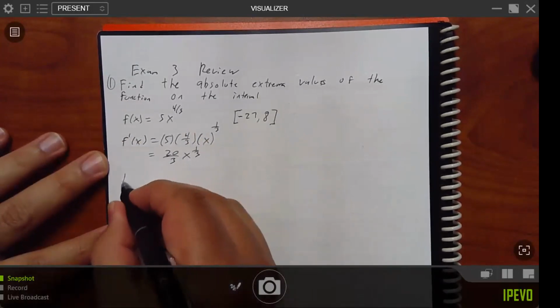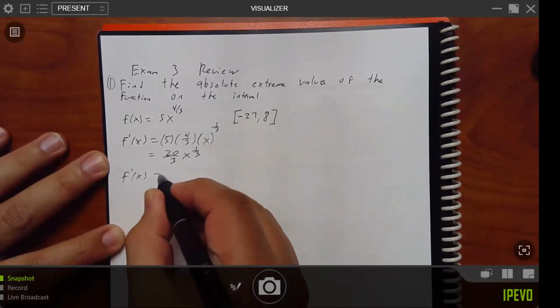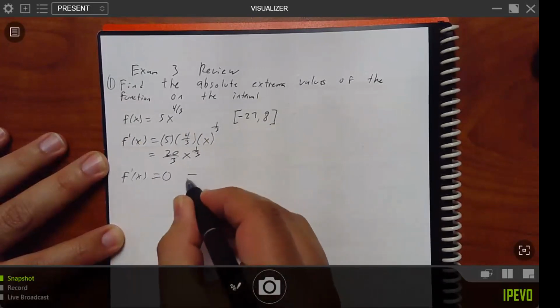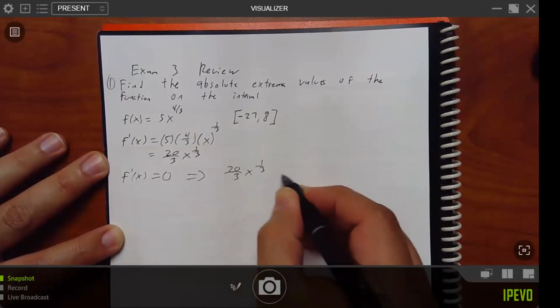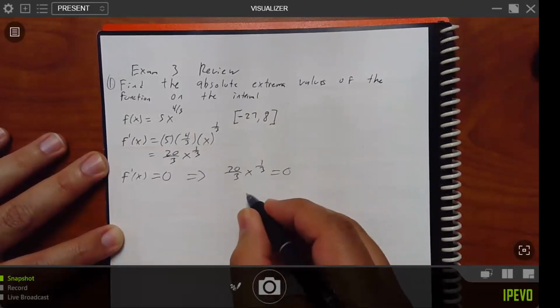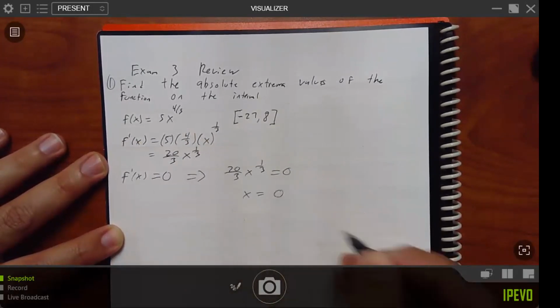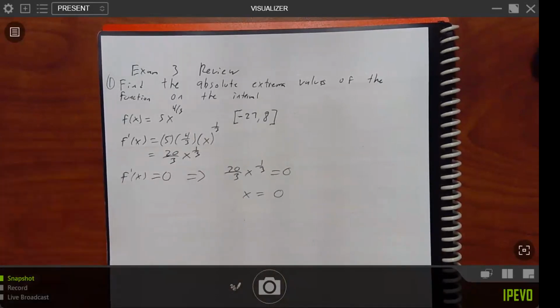So set this to 0. That will give us 20/3 x to the 1/3 equal to 0. That only happens when x is 0, right? You guys see that?